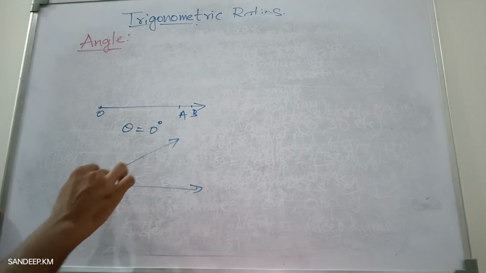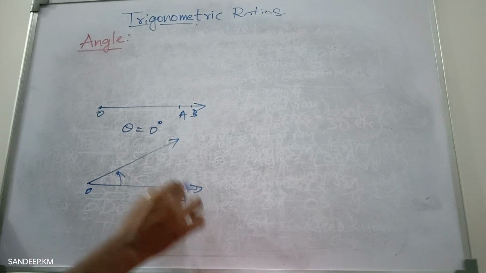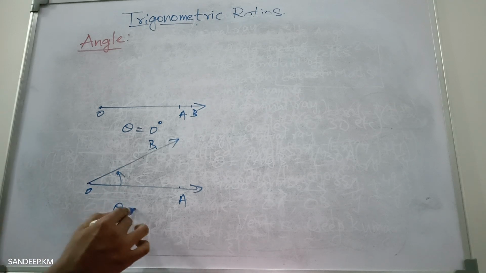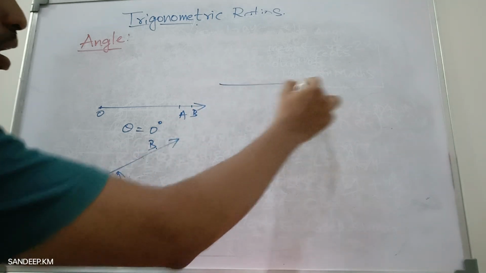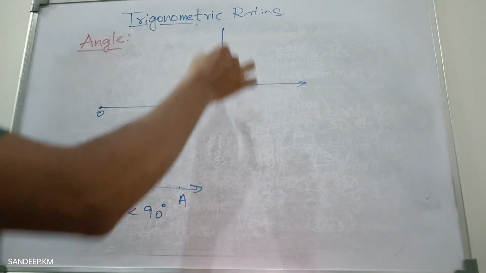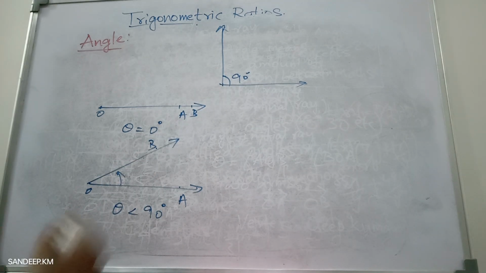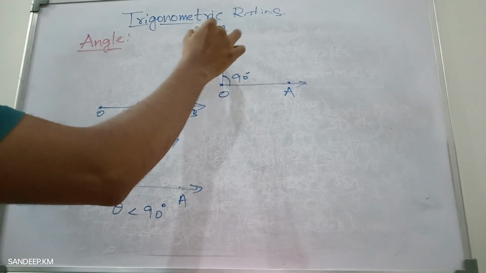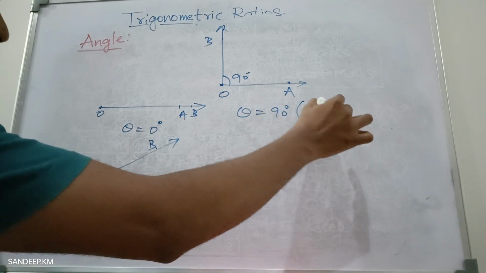This particular angle is an angle between 0 and 90 degrees. We call it an acute angle, so theta is less than 90 degrees. If the angle is 90 degrees, we call it a right angle.